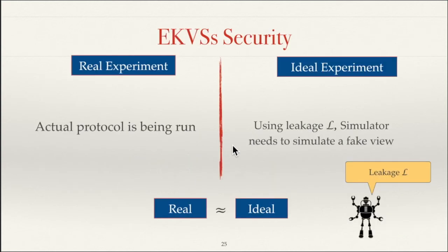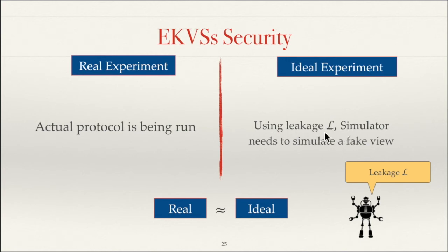Okay. So the definition had the same flavor as MPC style definitions. We think of two experiments, the real experiment and the ideal experiment. In the real experiment, we are actually running the protocol, so all the get and put operations are really being executed. Whereas in the ideal experiment, we want to create a simulator which, using the leakage, can simulate a fake view, so that these two experiments start looking indistinguishable to an adversary.